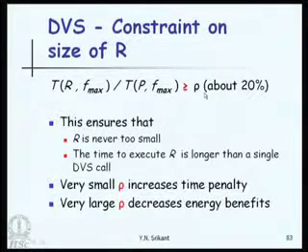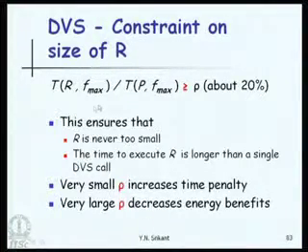Why do we want this constraint? The point is, if we have a very small region, then the number of instructions executed in that region will be very small, so the time that the CPU spends inside the region R will be very small. Then the overheads of switching to a lower frequency and then again to a higher frequency at the borders of the region R may become quite substantial.